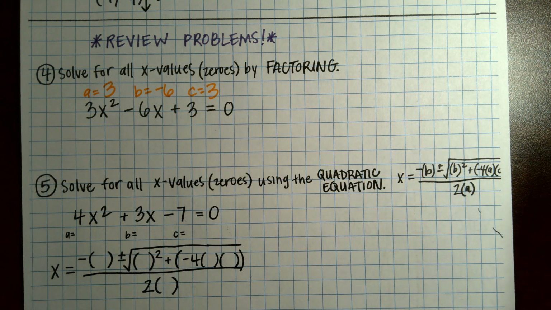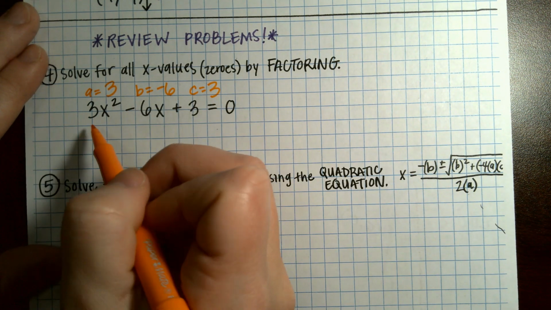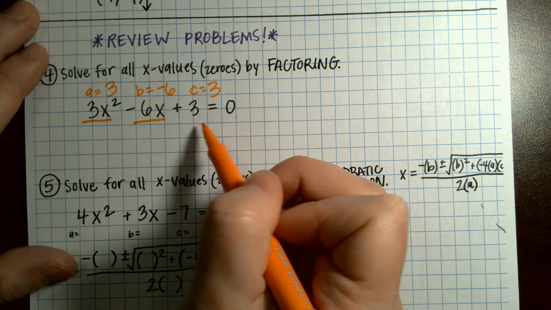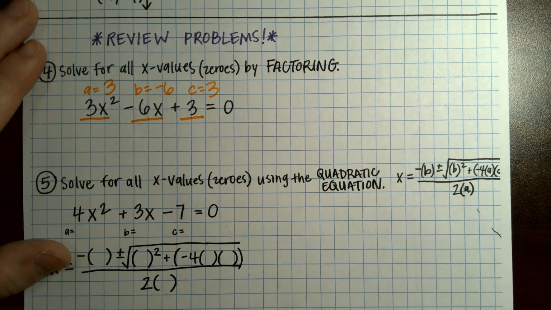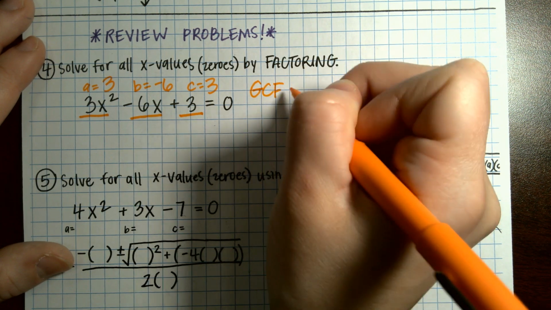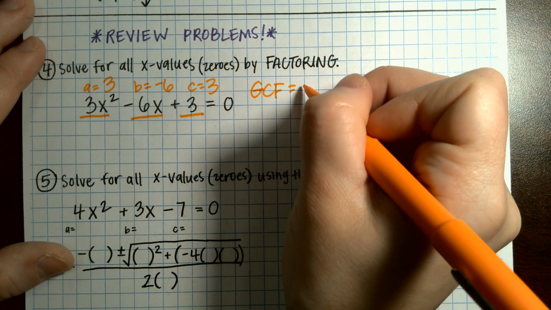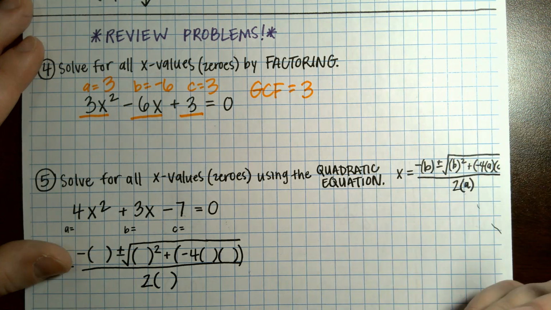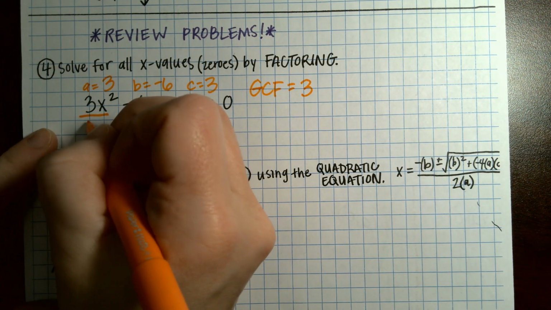Find a common factor, which is 3. Yes, there's a greatest common factor. So you factor, write your 3 on the outside. Here, let's write my greatest common factor is 3. So we're dividing everything by 3.